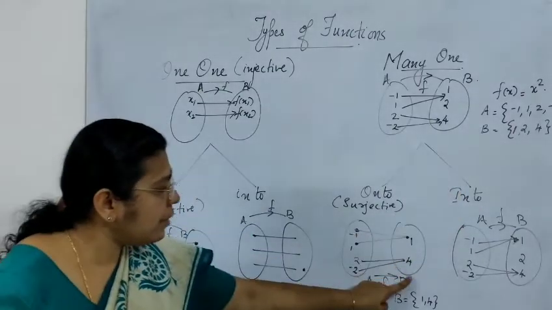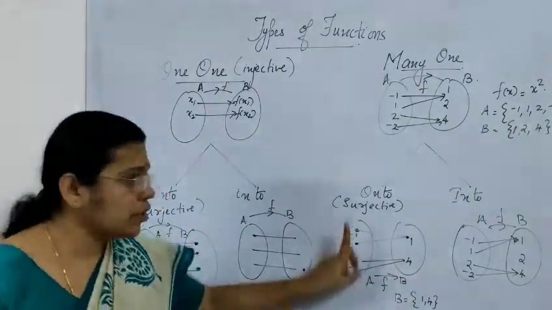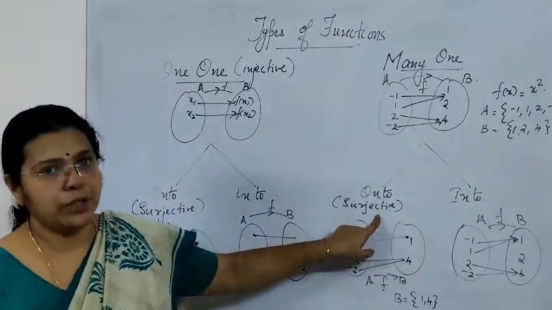Okay, if every element of B is having a pre-image, it is called an onto function.